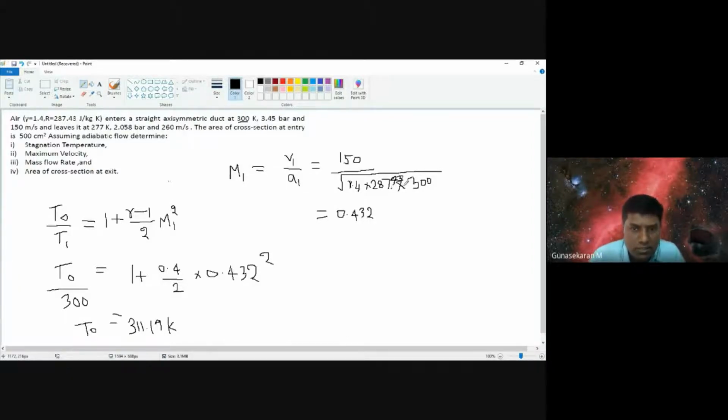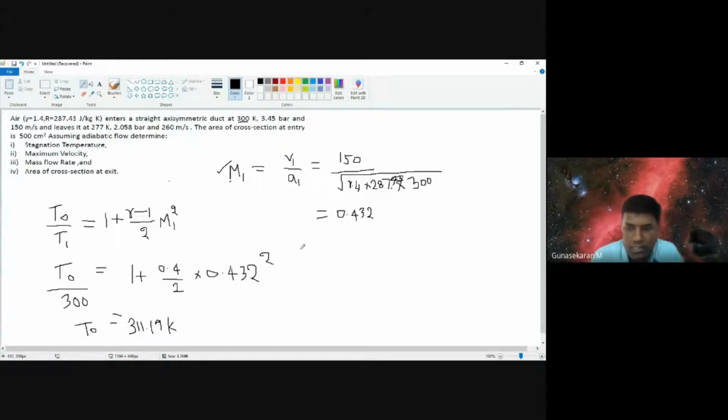Since the temperature in the problem is given in Kelvin, we are taking it as 300. After substituting all, we got the entry Mach number as 0.432.